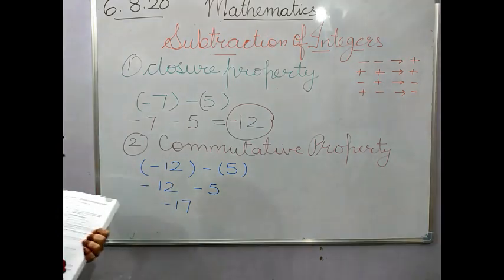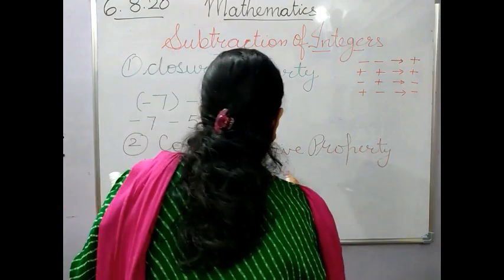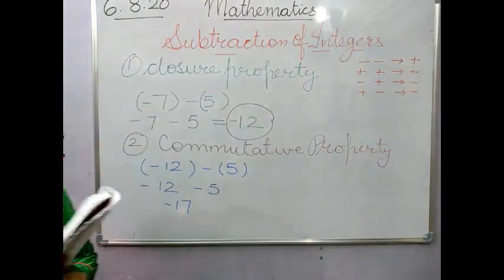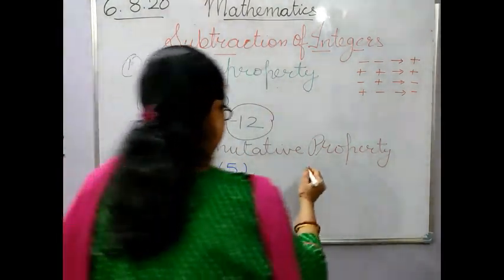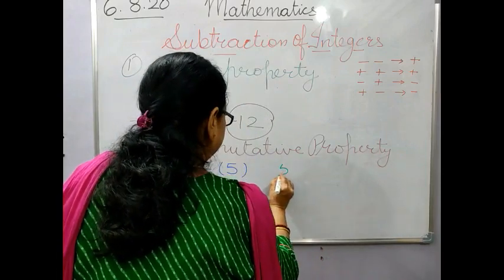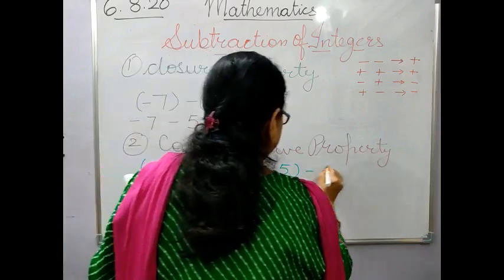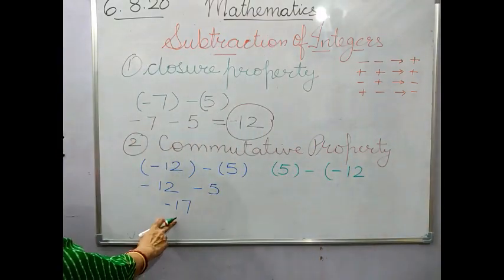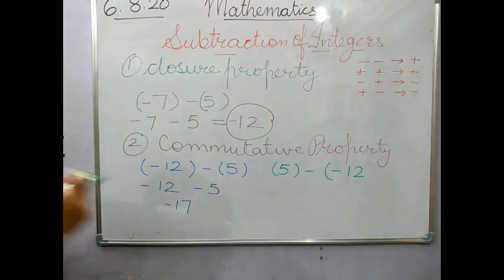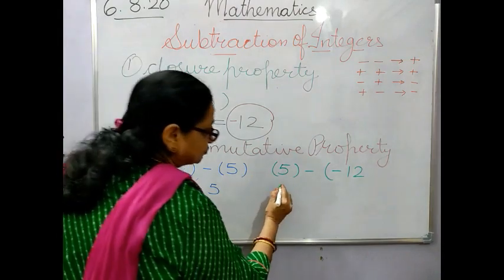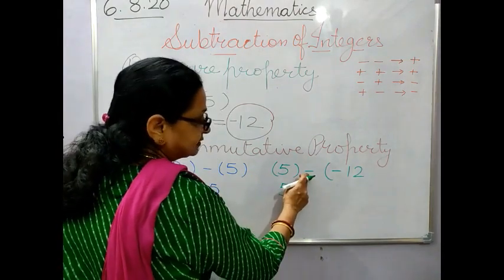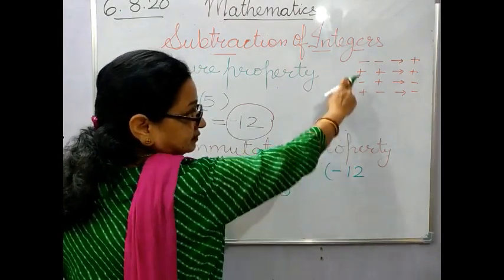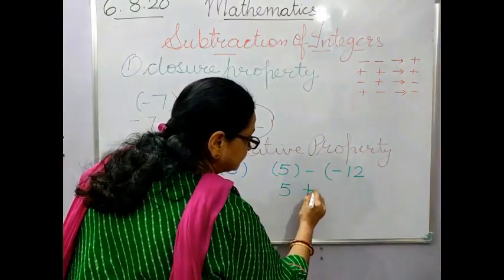Now I will change the order. It is 5 minus 12. See here, it is minus 17 over here. Now see here, this is plus, so it will be plus only. This is minus, minus becomes plus.